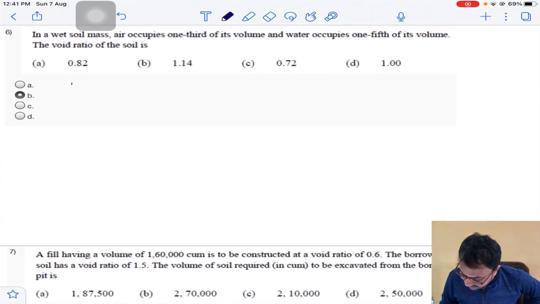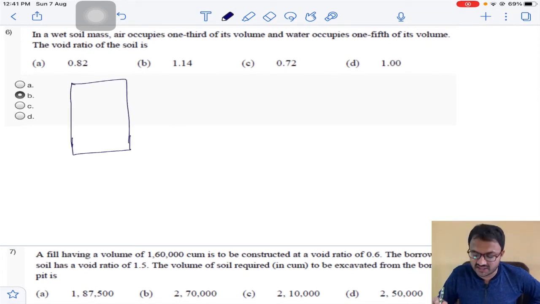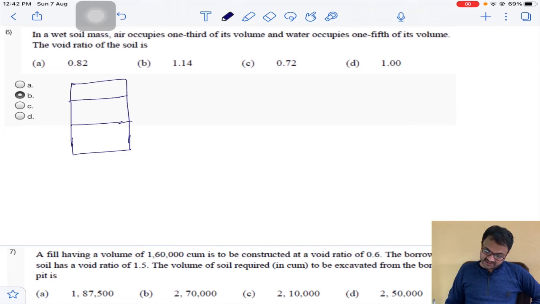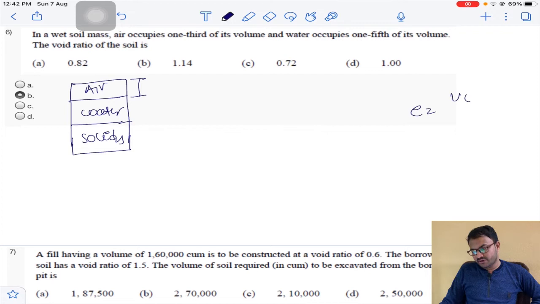So first of all, we'll analyze the data he has given. Generally, a soil consists of how many phases? You already know the 3-phase diagram for the soil: the first is solids, the next is water, the next is air. So obviously void ratio E is equal to volume of voids divided by volume of solids.